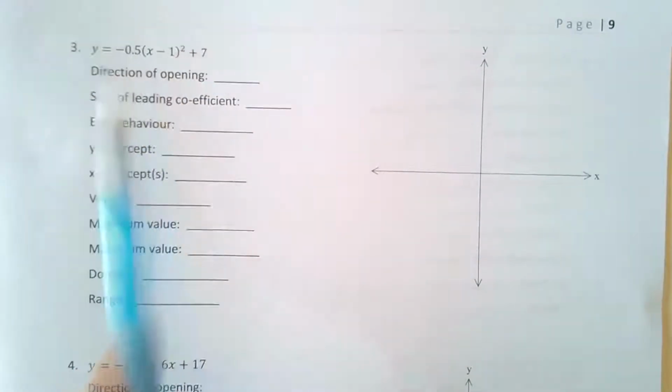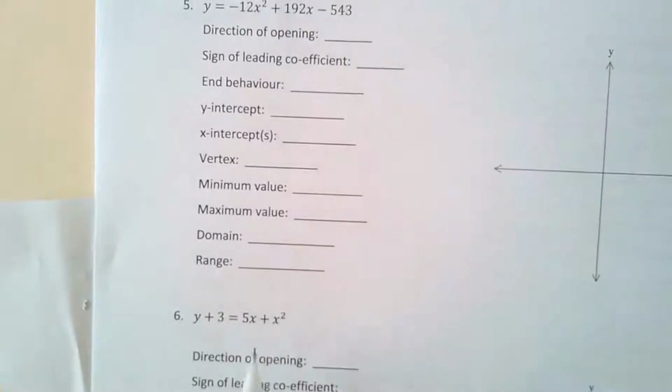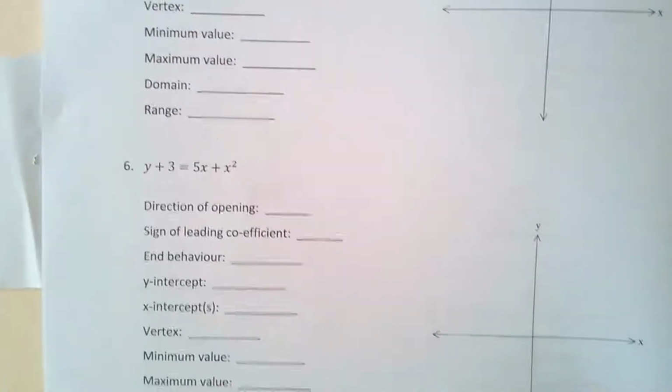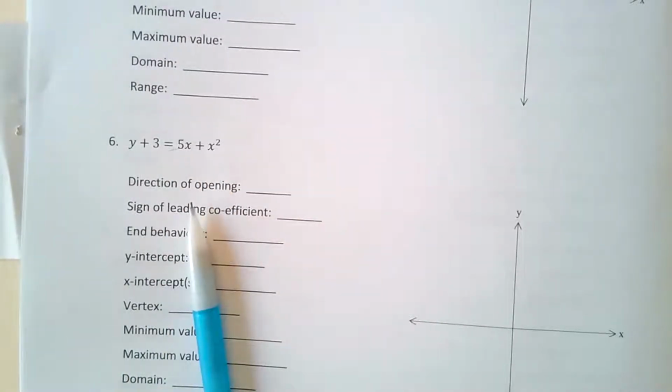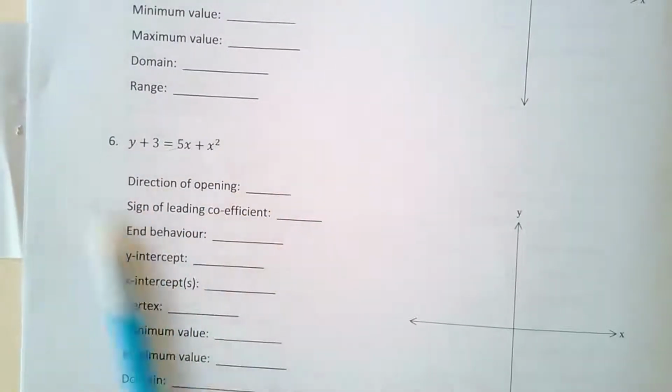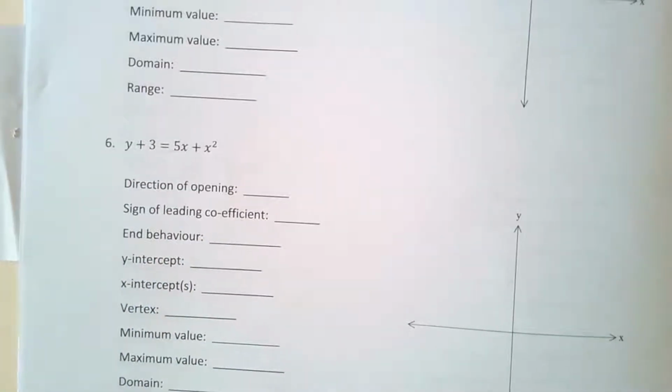We'll be looking at 3, and some other rather interesting ones, like question 6, where you're not given y equals. Try to complete those, and I'll show you how to do it.